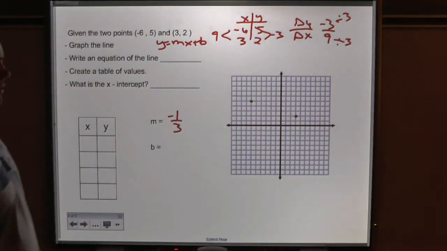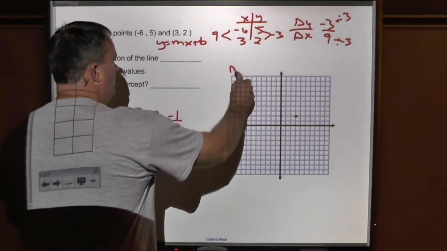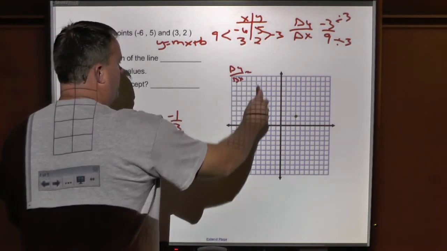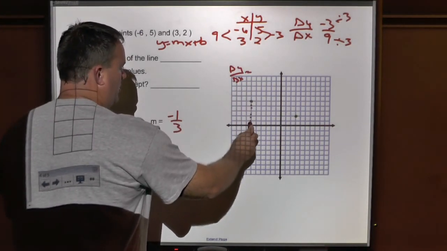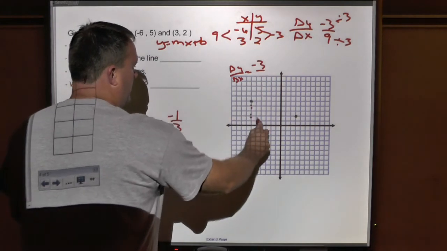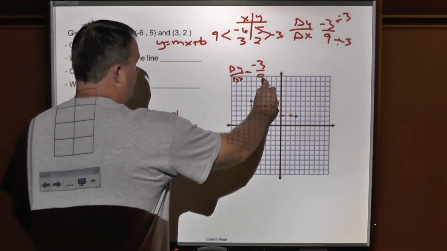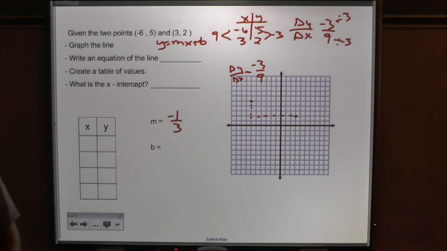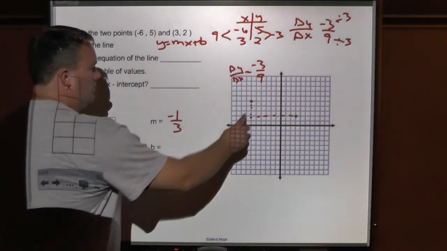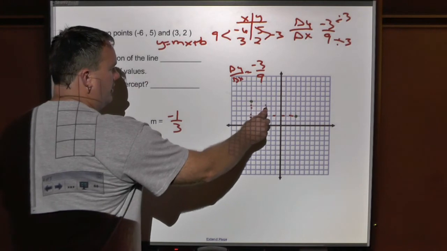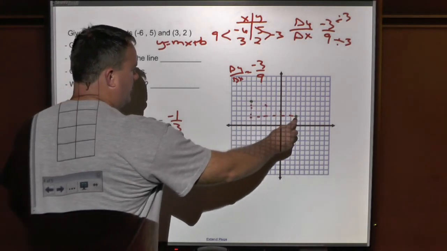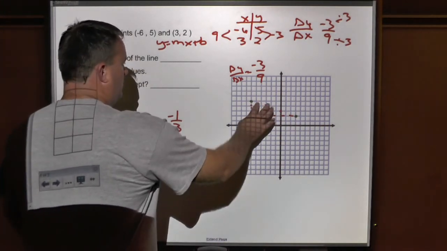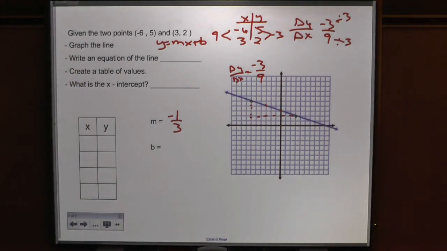The other way is, as we've talked about before, the change in y over change in x. Count down 3 units, that's -3, to the right 3. Or 9, sorry, to the right 9. Either way works. And from there, you will notice down 1 to the right 3, down 1 to the right 3, down 1 to the right 3. You will get your line. Okay?